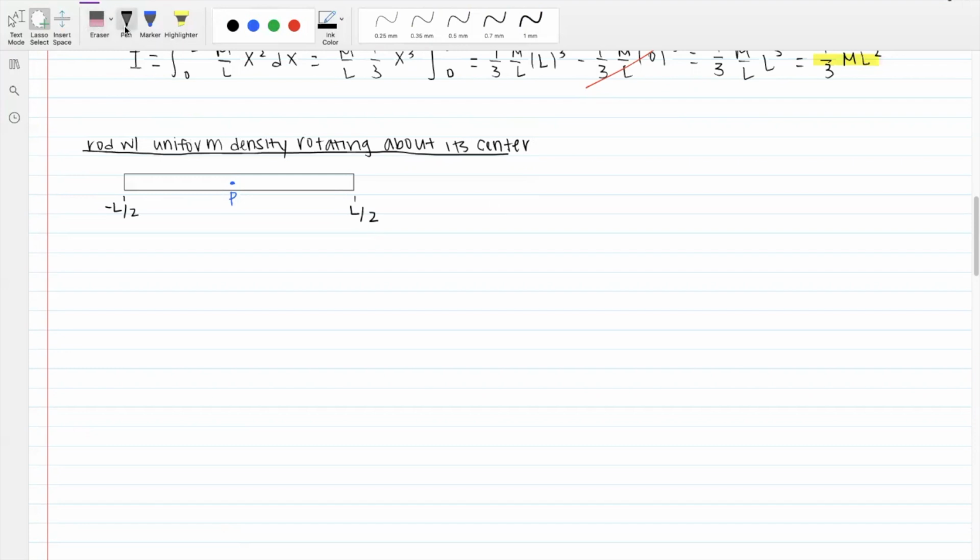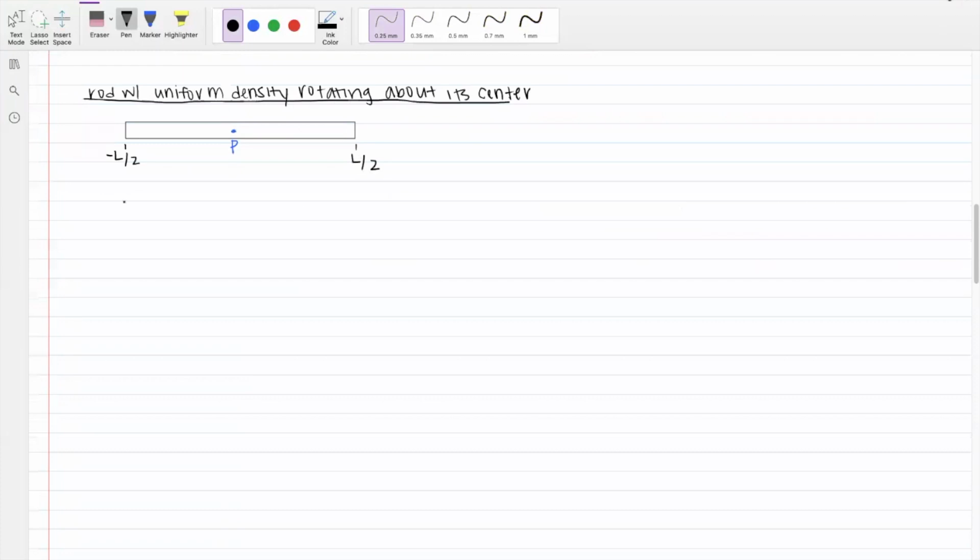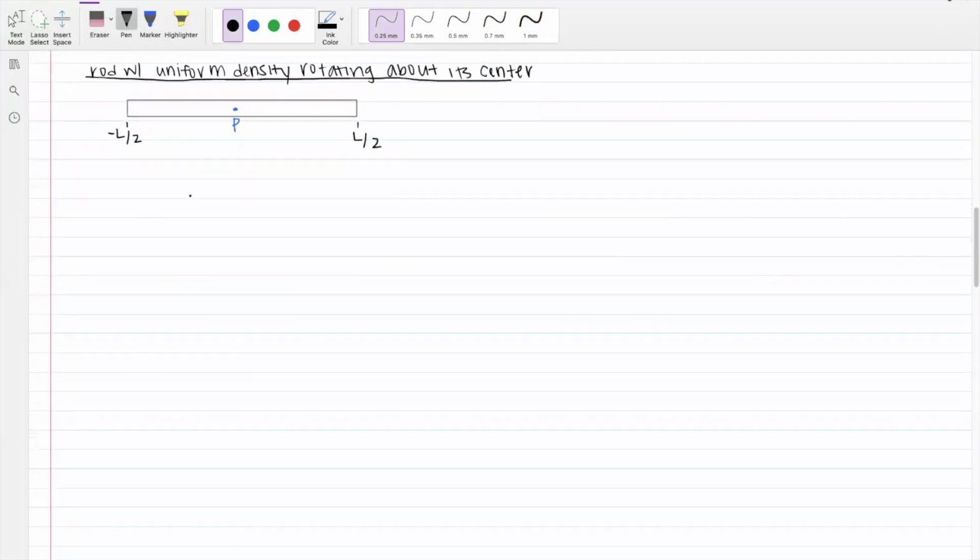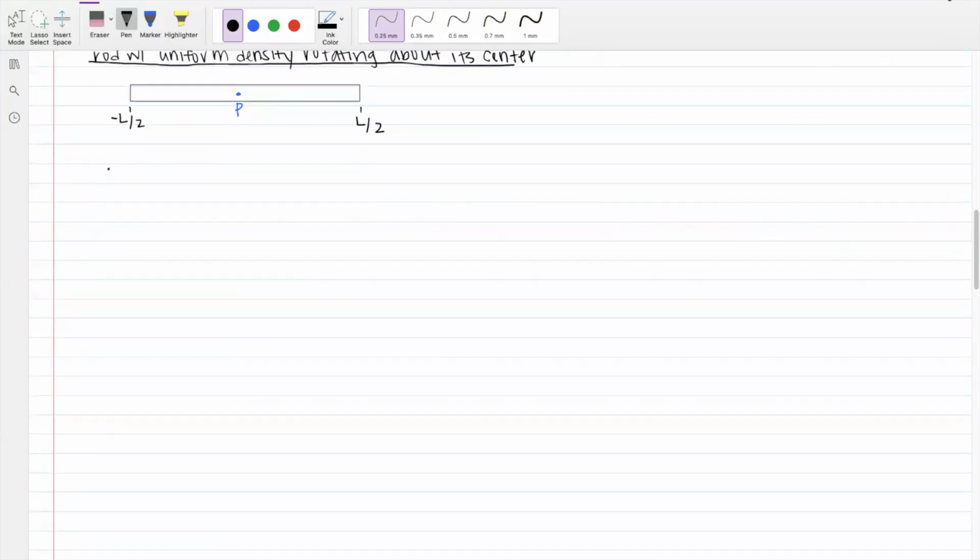Now let's look at how to derive the moment of inertia of a rod with uniform density, but it's now rotating about its center instead of its end. So the pivot point's located here. So first things first, we always write our moment of inertia equation with limits. So I is equal to the integral of x squared dm.